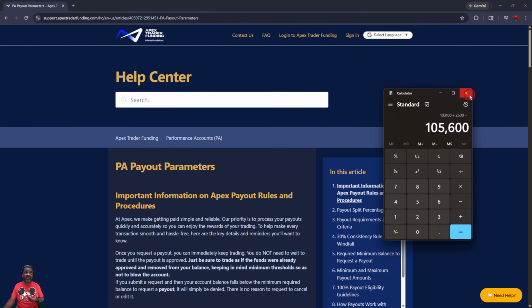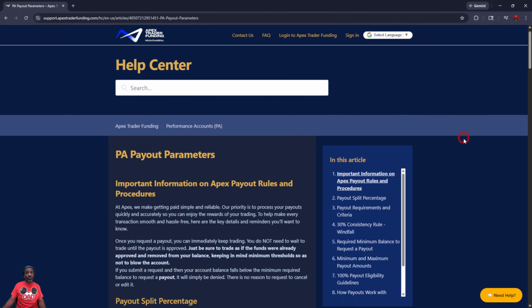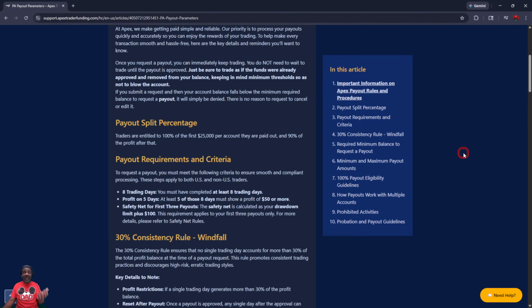So again, it's up to you how you want to do it, but I just believe in trying to get to that payout as quick as possible, because no matter what size account you get, it's still all about risk management and taking high probability setups. And if you're taking high probability setups, I like to go in and get to the money as quick as possible, right?